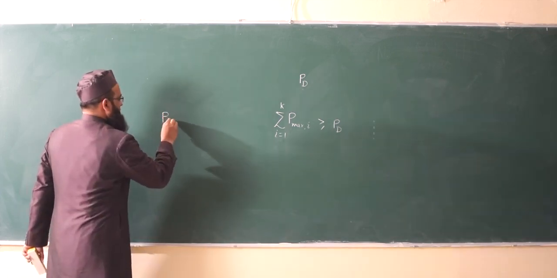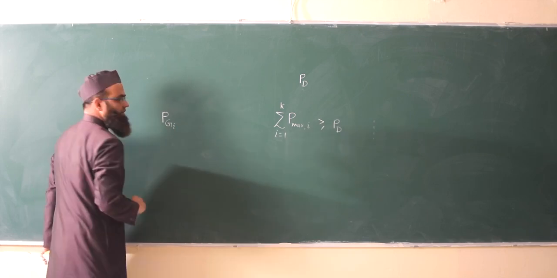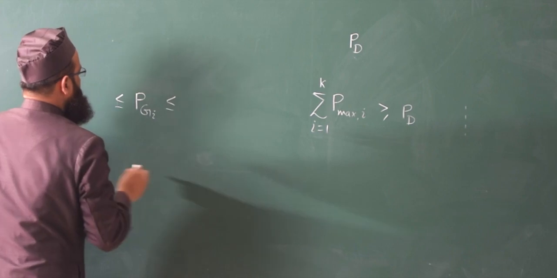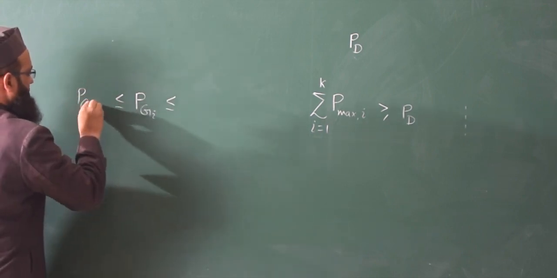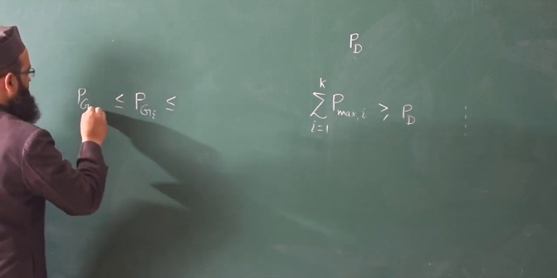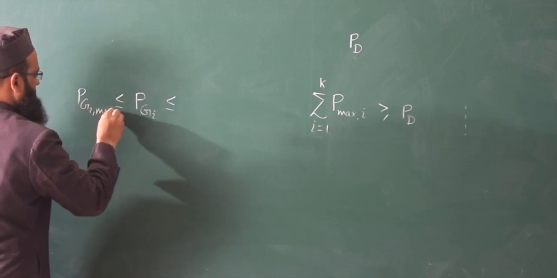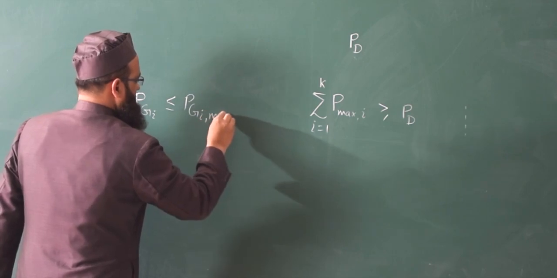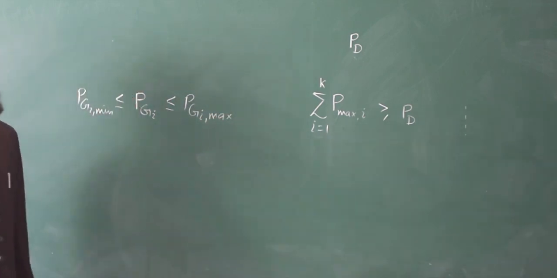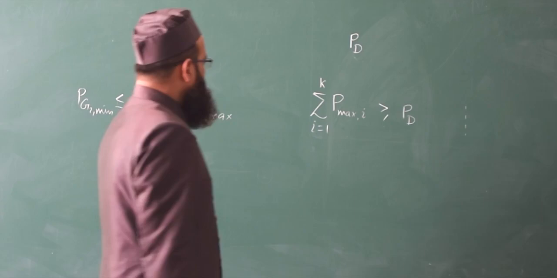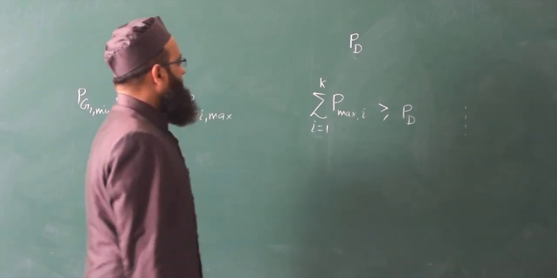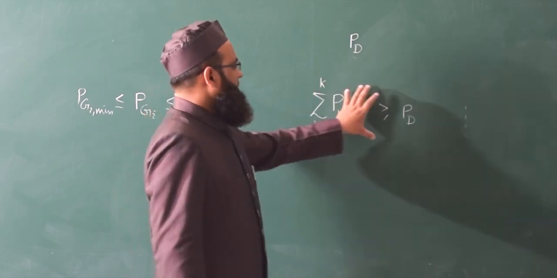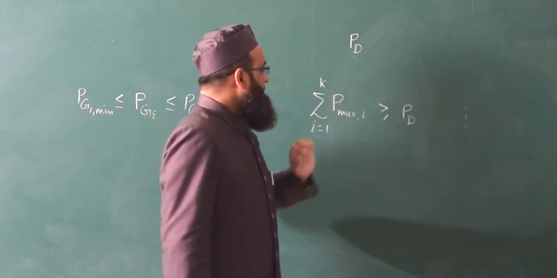So PGI, loading at ith unit, should be within PGI min and PGI max, fine. So once we are talking about capacity, in that case this is valid, fine.